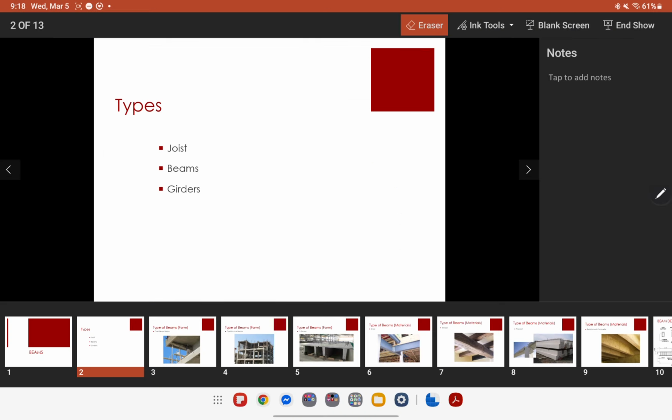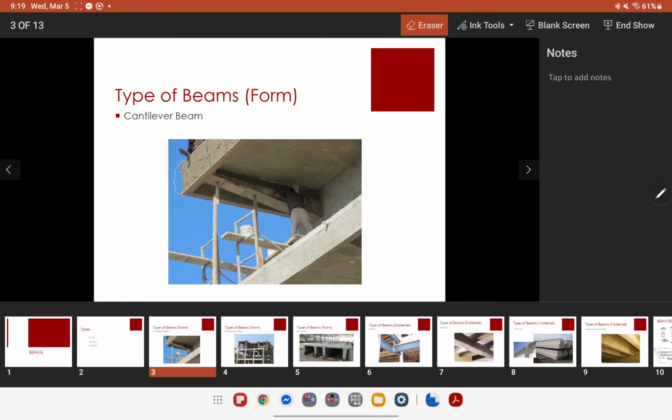Now, what are the different kinds of beams? The first one that we have here is the cantilever beam. As you can see, a cantilever beam has only one side that is supported, and it's supported by a column similar to this one.